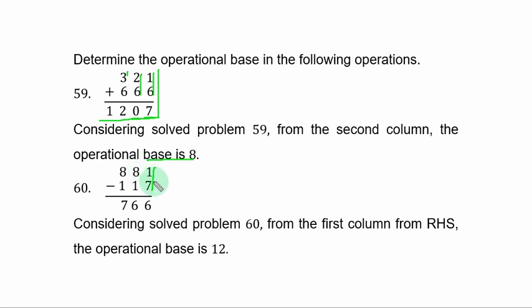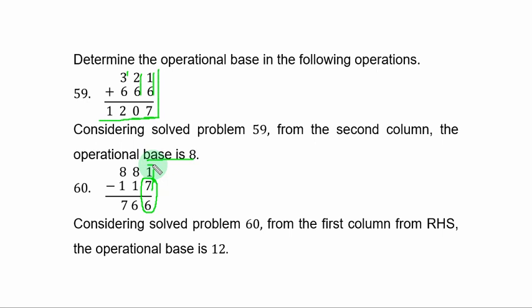Before then we can get the base easily. Let us use reverse approach. If you subtract 7 from 1 and you get 6, the meaning is that if you add 7 and 6, that should give you this 1 that you have here. So 7 plus 6 is 13. So it means that for you to get that 1, it is 13 minus 12.